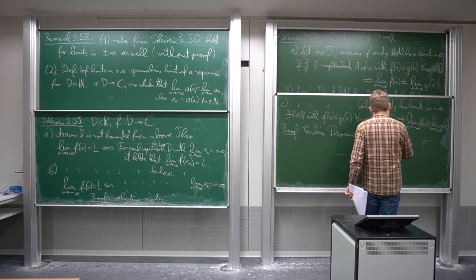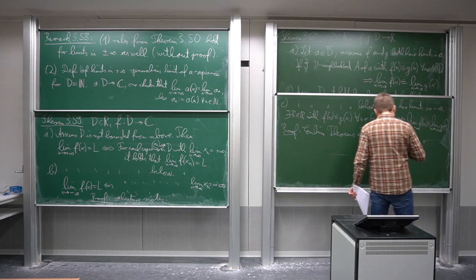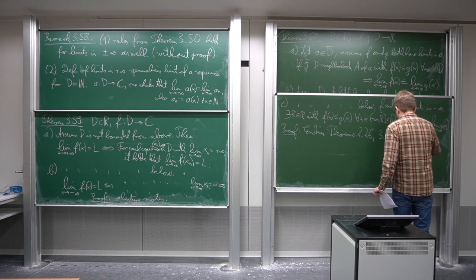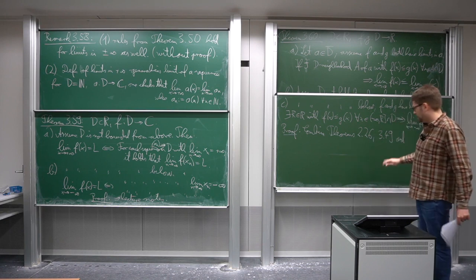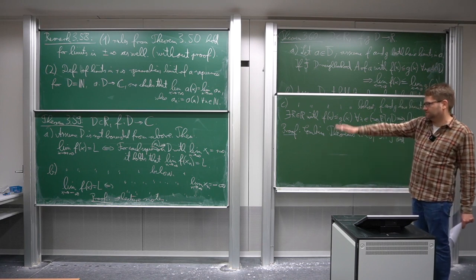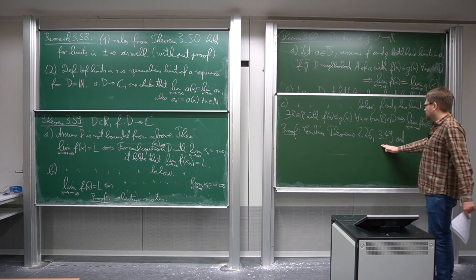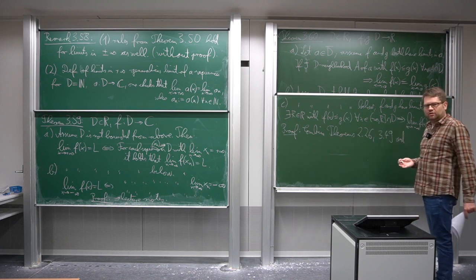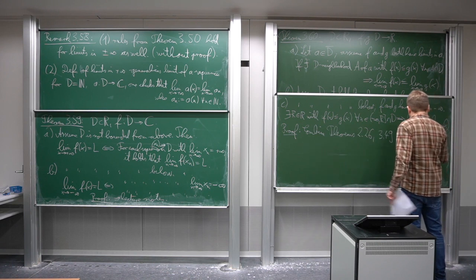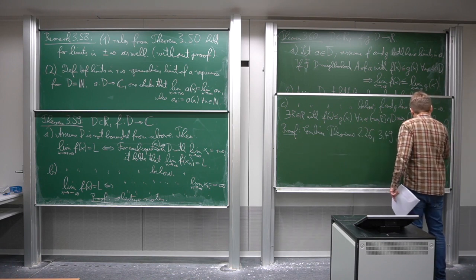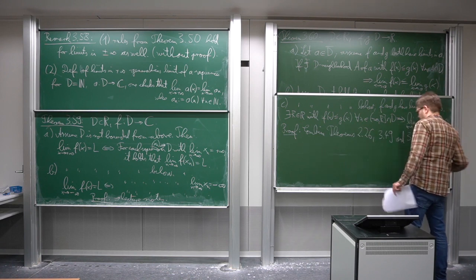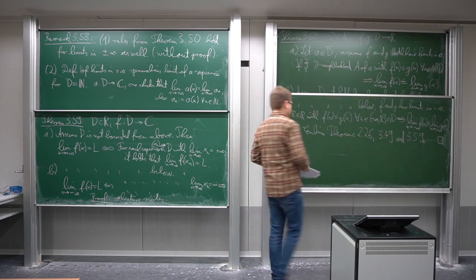Then we need theorem 349. This was this sequence criterion for limits in the point. So this was for limits to plus infinity, and this here was for the limits in some adherent point A. And of course this theorem here, so 359. And I will omit the details here because it's just taking too much time to do all this.